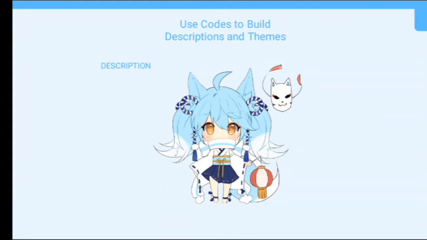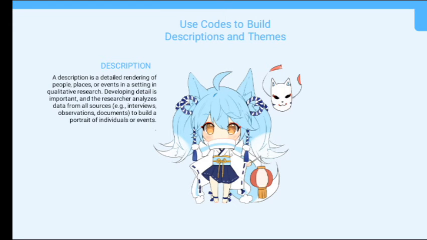The first is description. A description is a detailed rendering of people, places, or events in a setting in qualitative research. Developing details is important, and the researcher analyzes data from all sources like interviews, observations, and documents to build a portrait of individuals or events.